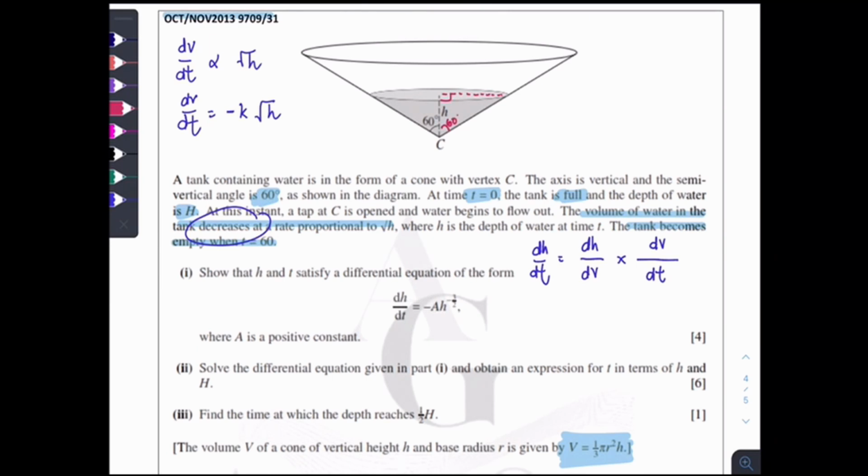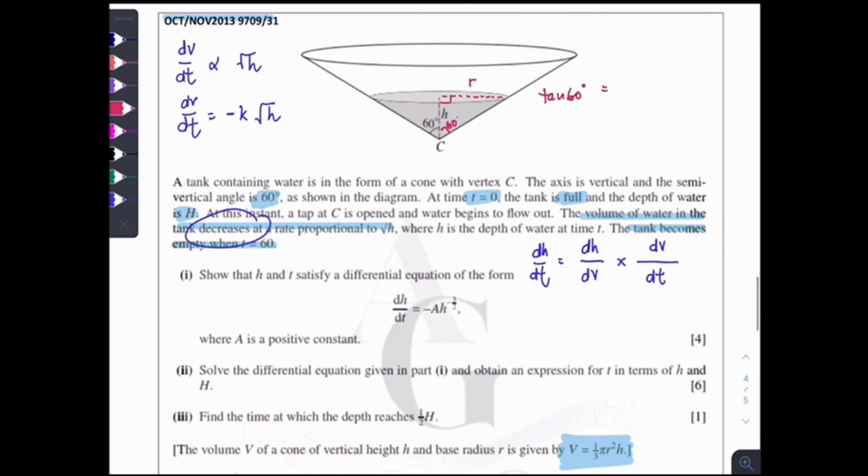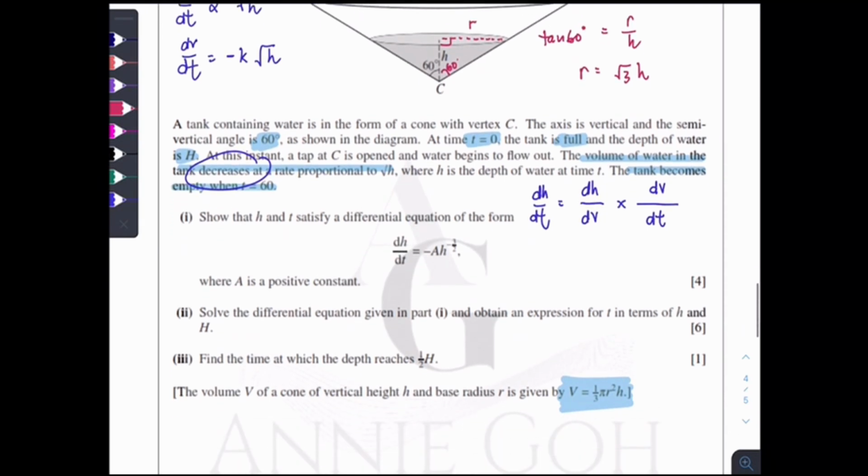So from here we can know that r is over here. Then by using the ratio of the right angle triangle, tangent 60 is equal to r over h. So r is equal to tangent 60 times h.